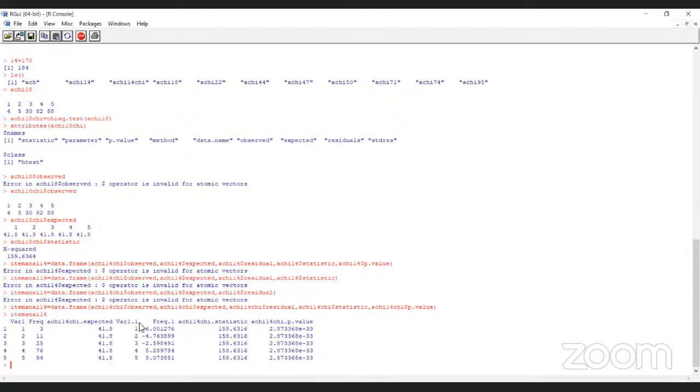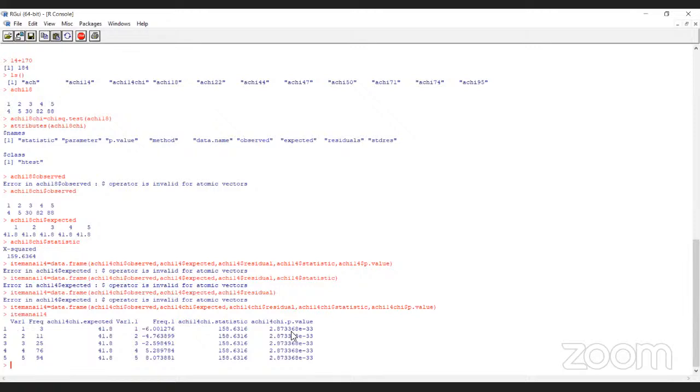Is it clear? This frequency dot one is your observed frequency minus expected frequency whole square divided by FE. Whatever you have written now, and whatever your data is, this is your residual value.